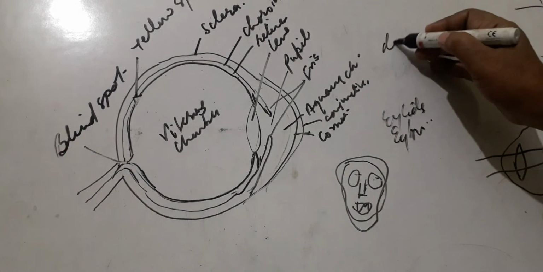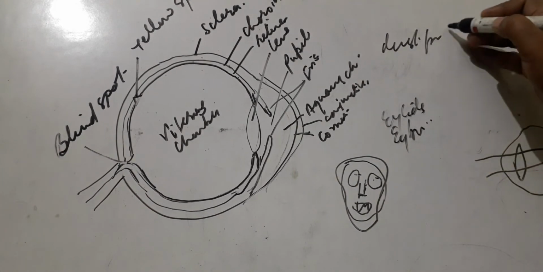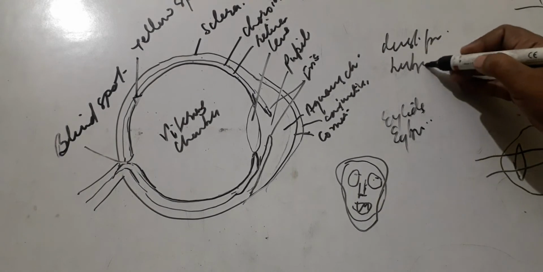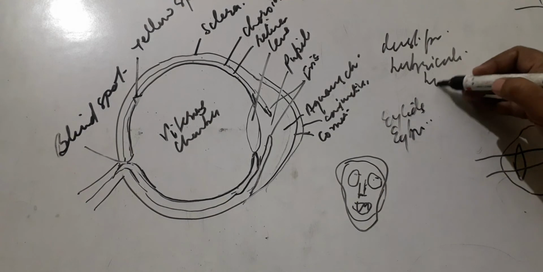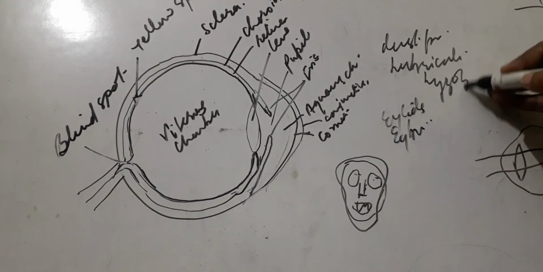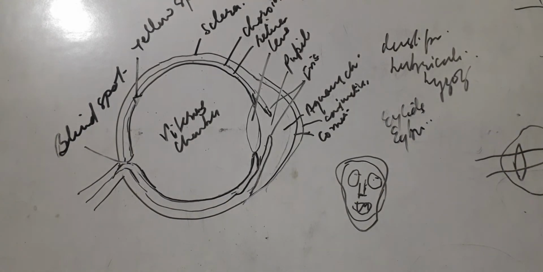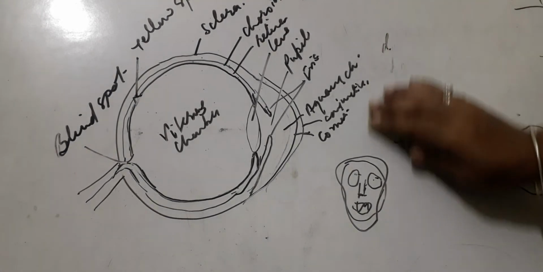Lysozyme present in the tears kills germs, and tears also communicate emotions. So these are the functions of tears. Clear?